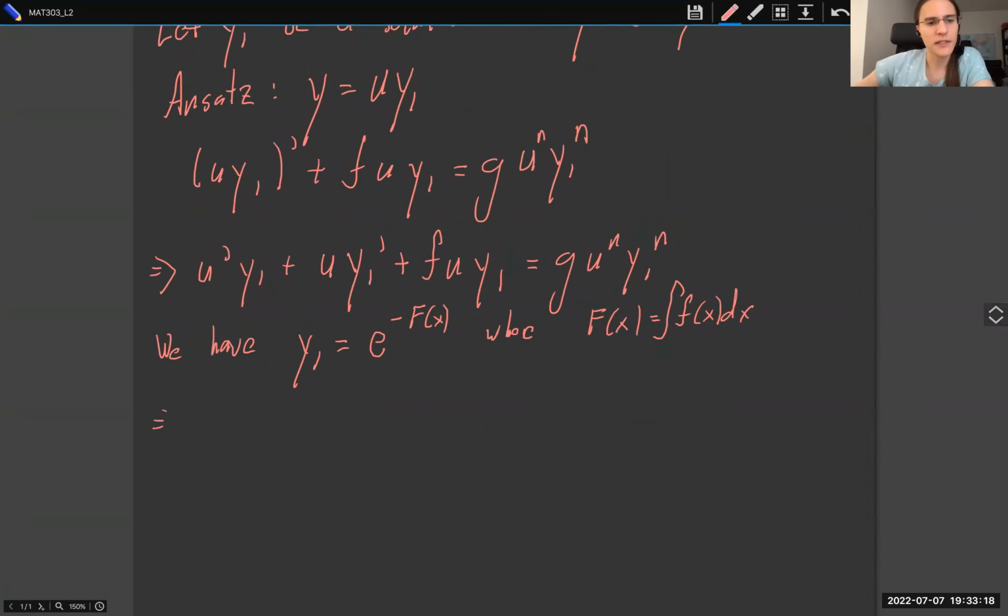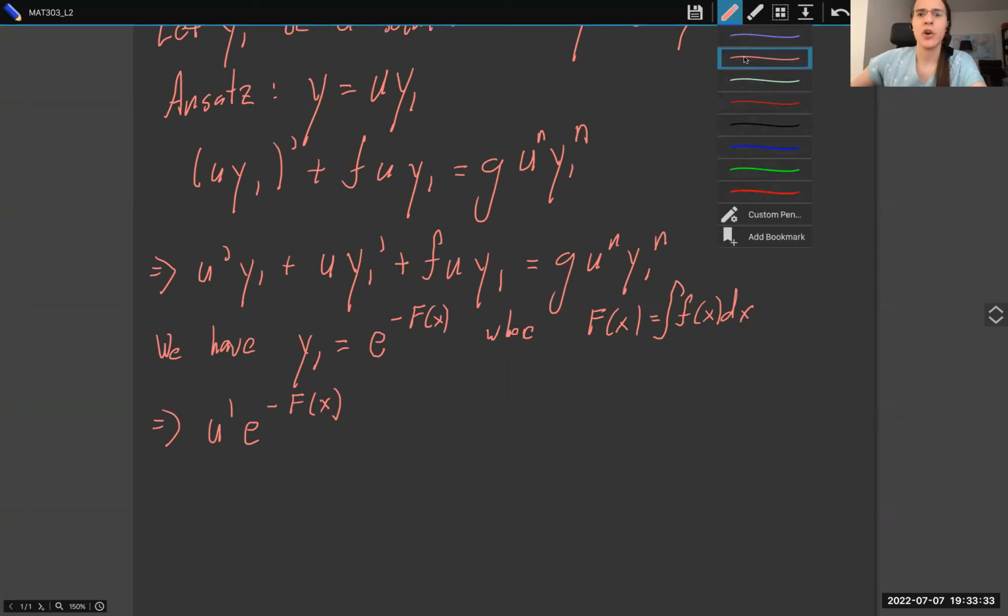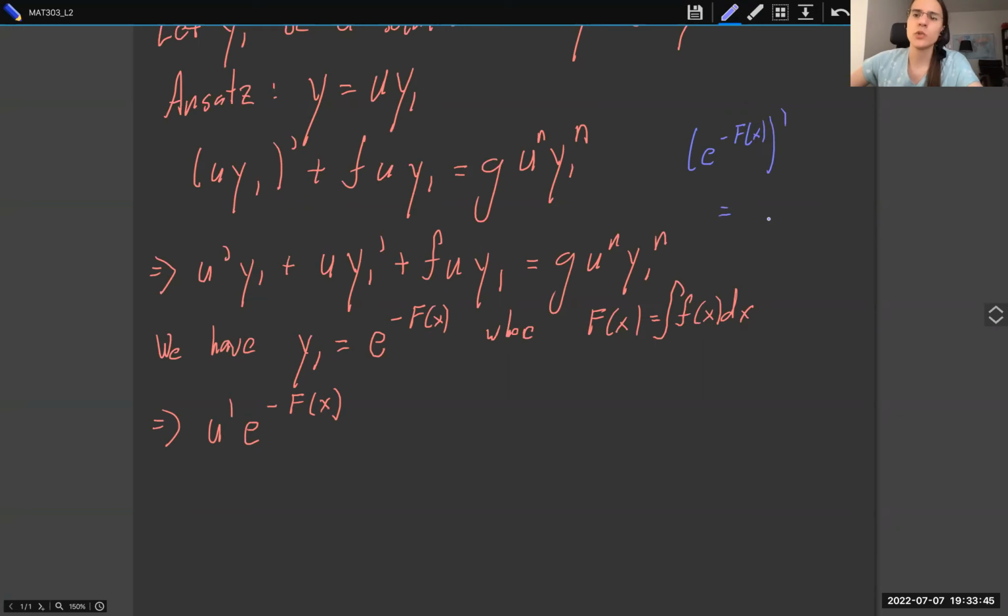So what I get as a result is that u prime, so now forgetting about y1 and actually keeping it in this form. Now here's the interesting question. What happens when I differentiate e to the negative capital F of x? We are going to use the fundamental theorem of calculus, what I call part 1, but what people usually call part 2.